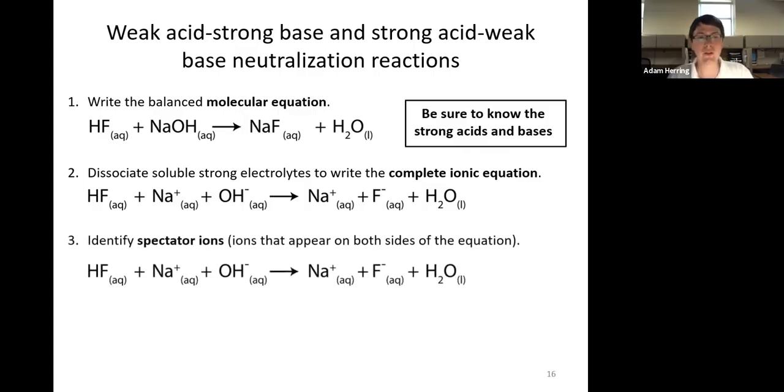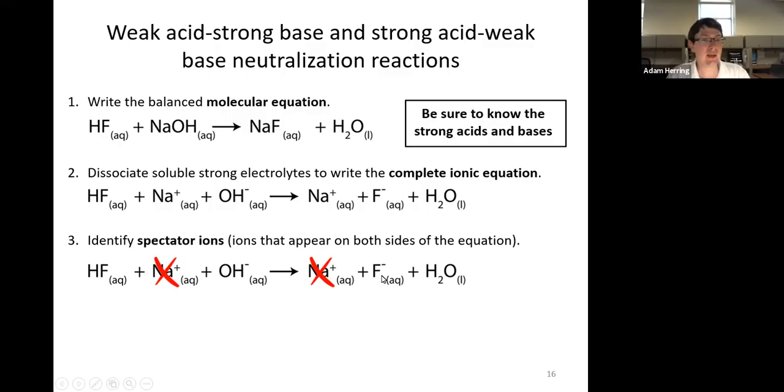Now, when we write out the full ionic equation and identify the spectator ions, we notice that this is a little bit different from what we saw before. Before we had H+ and OH- and then the rest of the salt. However, we only have sodium ion as a spectator ion. The fluoride is not a spectator because it's changing from being part of the hydrofluoric acid to the lone fluoride ion.